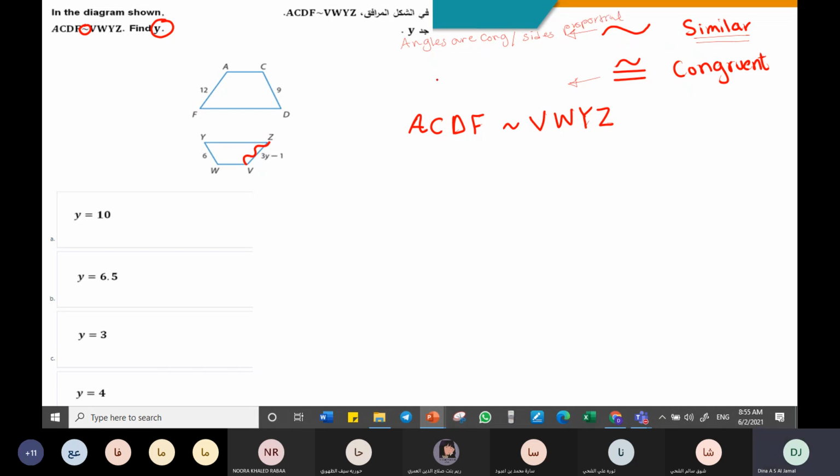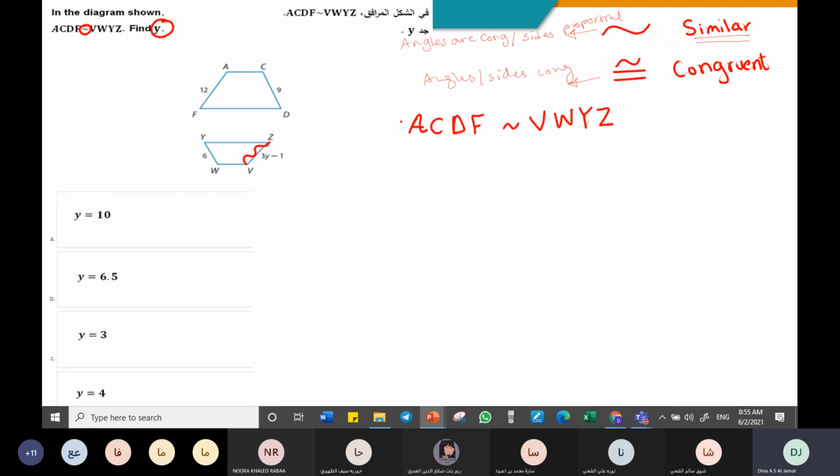In congruency, both of them will be congruent, angles and sides. What is the meaning of proportional? Proportional means ratio and proportion. Proportionality. Okay.